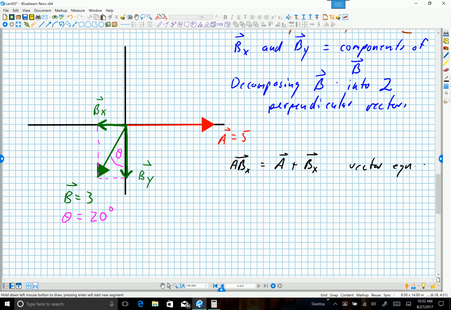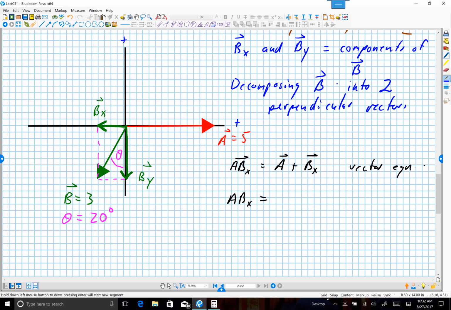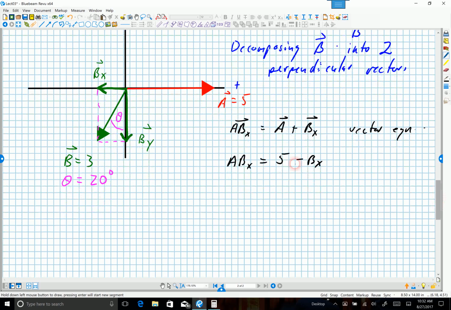And I now have to create the scalar equation. Let's make sure I've got my context correct. That's positive. That's positive. And so I now have a is 5. And now I've got to have minus bx. And I don't know how long bx is. I have no idea how long bx is. I know what to do with it. If I knew what it was, I could put it in this equation and get what I'm looking for, but I don't know what it is.